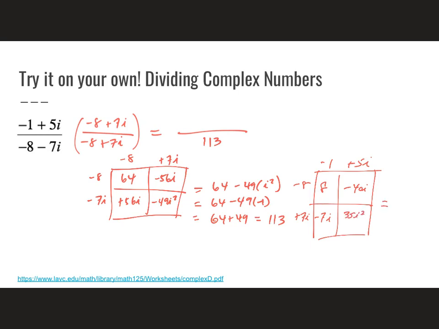So when I take out these terms, 8 minus 40i minus 7i plus 35i squared, I'm going to combine these like terms to get 8 minus 47i plus 35 times that power of i, which is negative 1. And so this is 8 minus 35 minus 47i, and 8 minus 35 gives us negative 27 minus 47i. So that's going to be my new numerator.